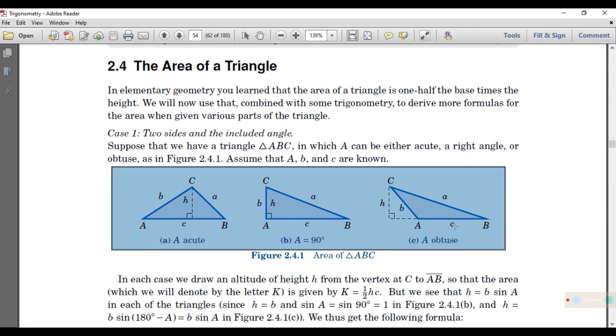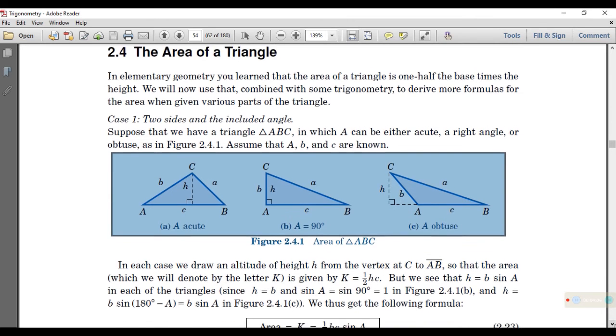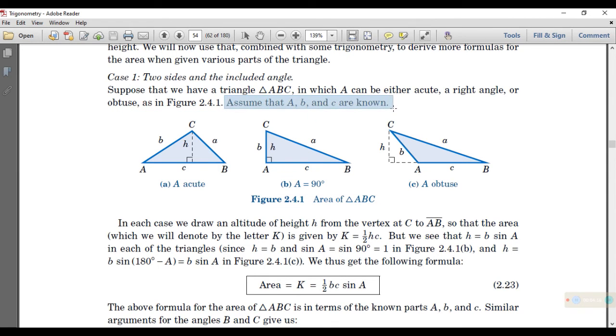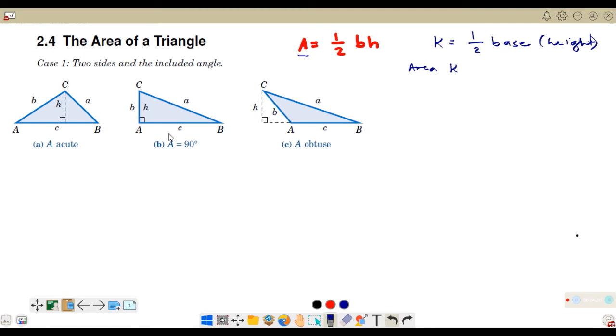And ang mga known na parts natin ay angle A, side B, at saka side C. So, ito yung assumption natin. Paste ko dito yung assumption. Yan. Assume that A, B, and C are known.